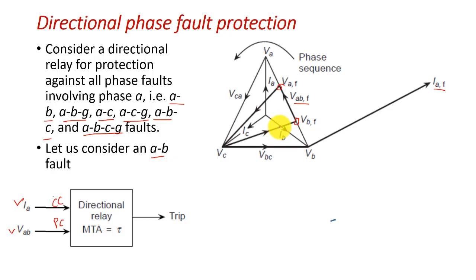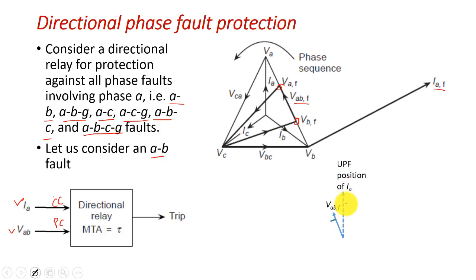So now let us see if we feed VAB to the pressure coil of the directional relay and IA to the current coil of the directional relay, what will happen? Whether this relay will give a trip signal to the circuit breaker or not. So now we can see here, let us plot all these phasors. Let me plot VAB fault, that is in this direction it is plotted.